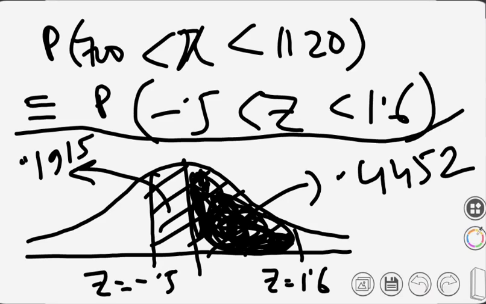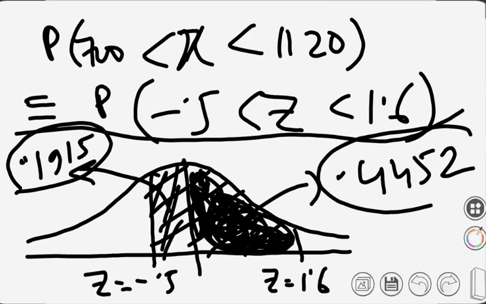So this particular area plus this particular area: 0.1915 and 0.4452. That will be your required probability. How much is that? 0.6367. So 0.6367 is the required probability.